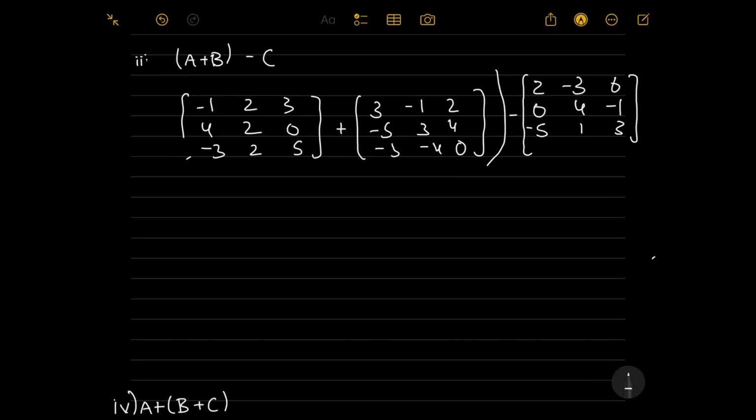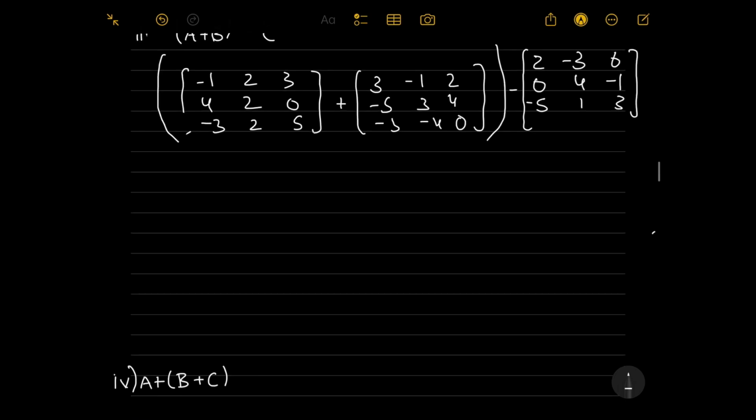Okay, just add these both, because these are in the parentheses.